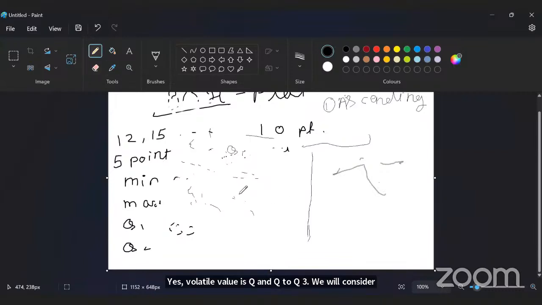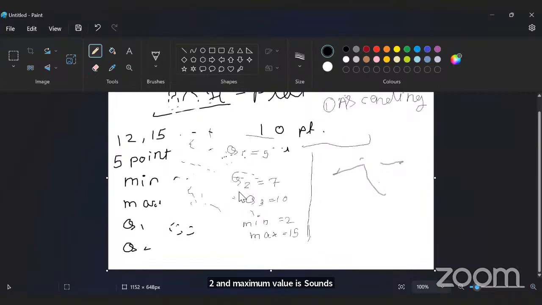Let's say my Q1 is equal to 5, my Q2 value is equal to 7, and Q3 is equal to 10. Minimum value I have chosen is 2, and maximum value is 15. This is some data. Are you able to read the data points here?